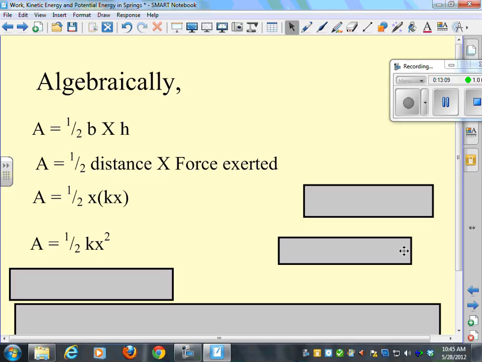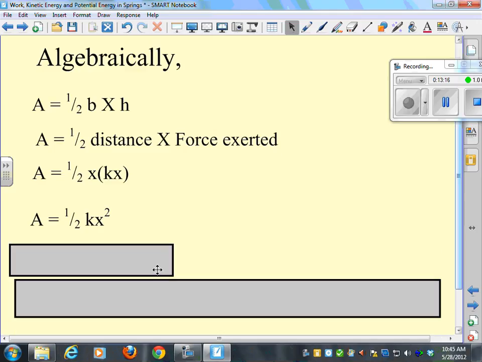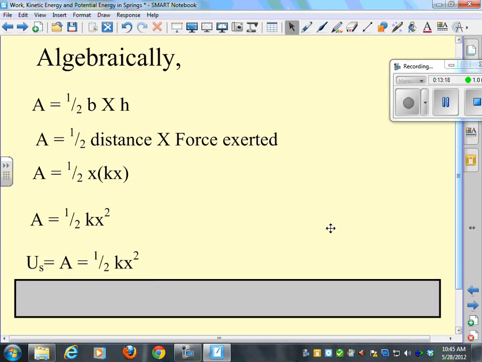And the area is the work. So the potential energy of a spring, which is the area, U_s, is 1/2 kx squared. What's U? U is potential. Potential spring energy, 1/2 kx squared.